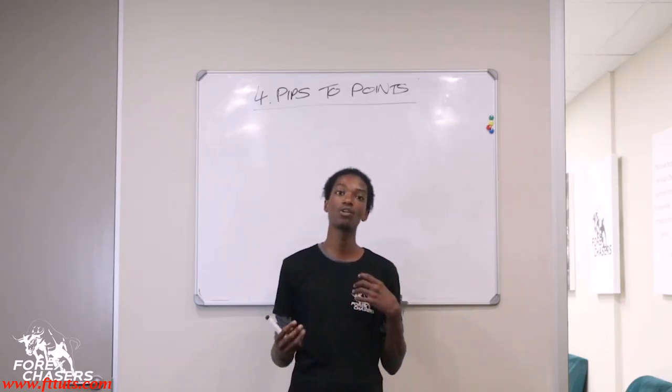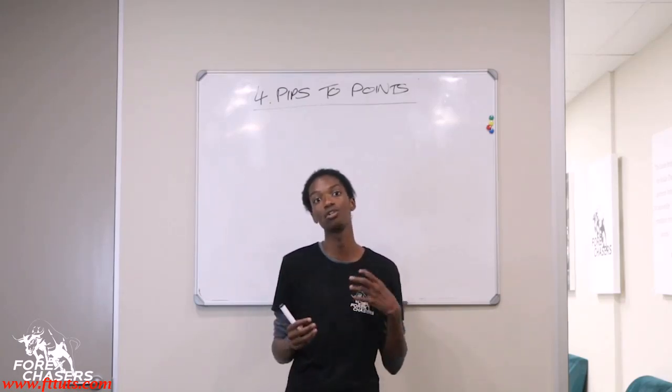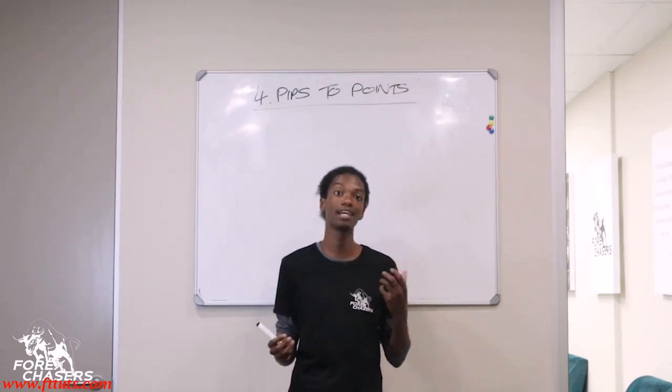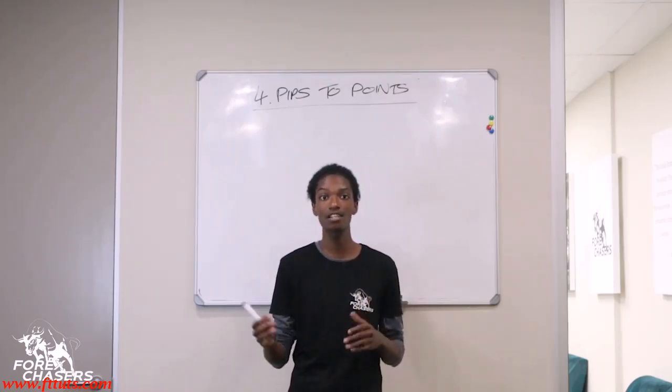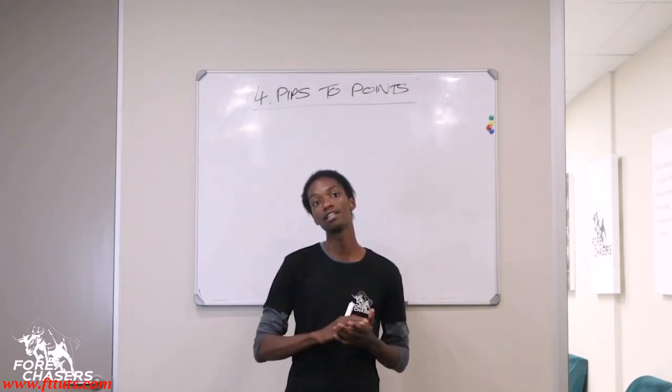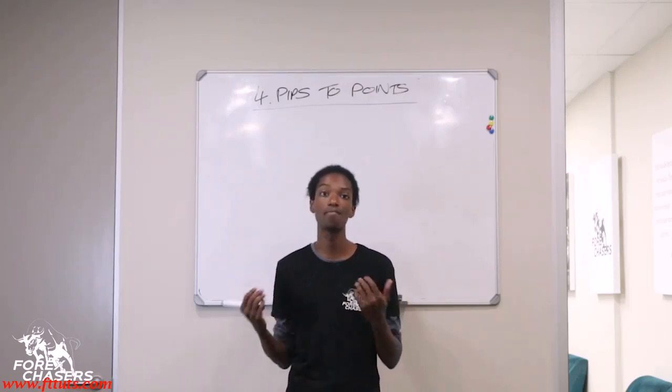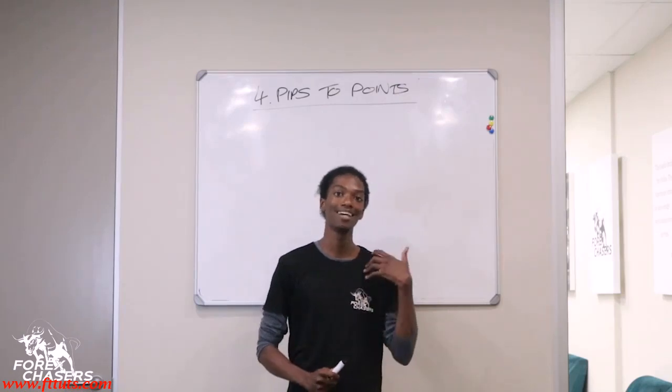We're essentially changing the way we calculate our normal pips, which is a unit used for calculating movement in currencies. We are changing that and translating it into points, which is the unit of measurement that we use to calculate indices.